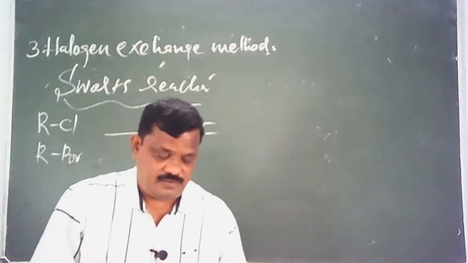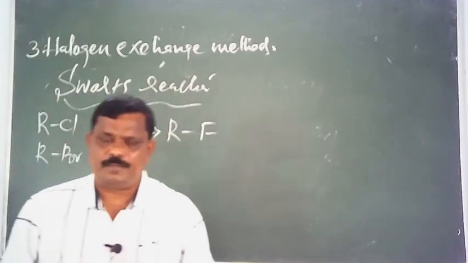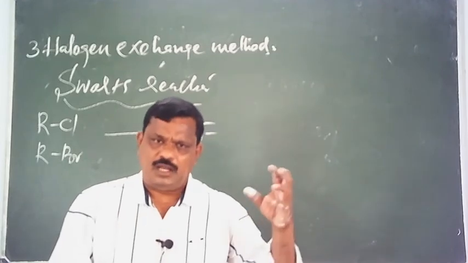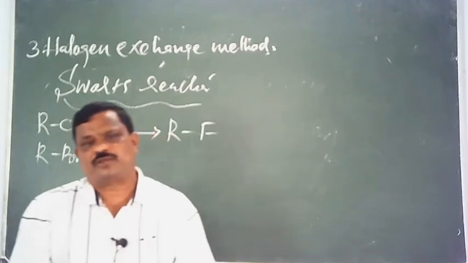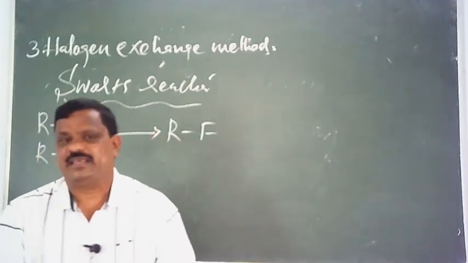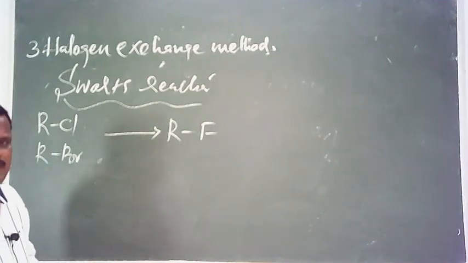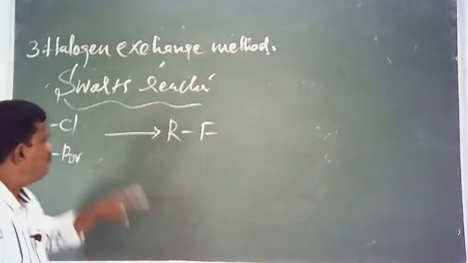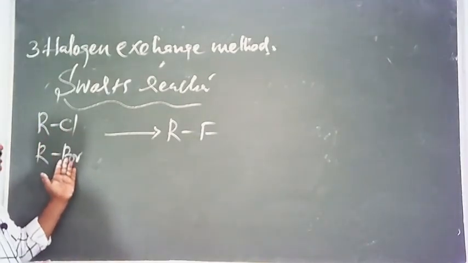What did we do in Finkelstein reaction? In Finkelstein reaction, our job is to take alkyl chloride or even alkyl bromide, and it is made to react with sodium iodide in acetone. But in Swarts reaction, our job is to convert alkyl halide into alkyl fluoride. So you can take either alkyl chloride or even alkyl bromide.